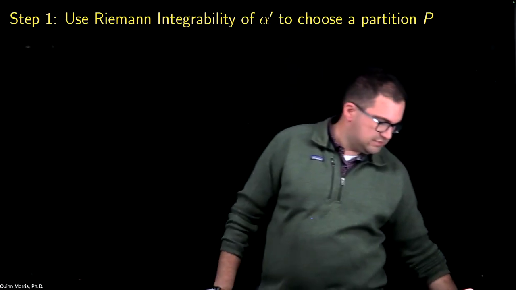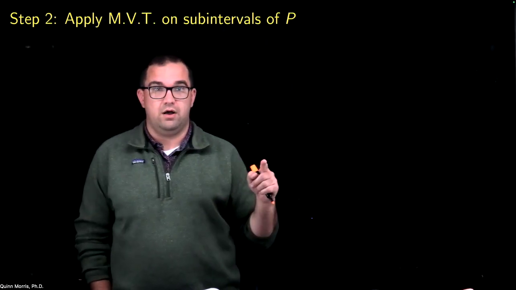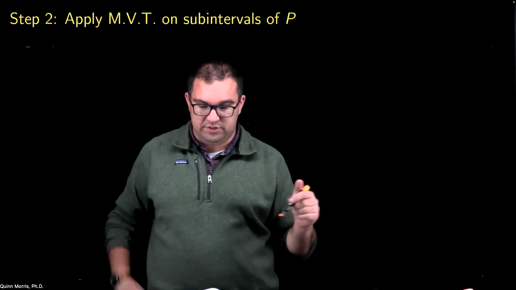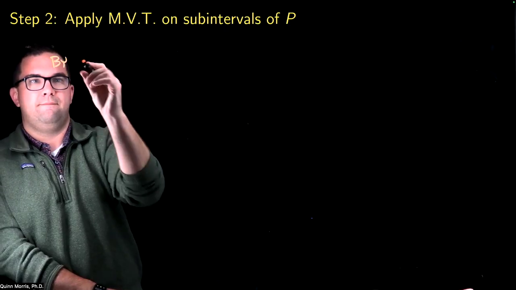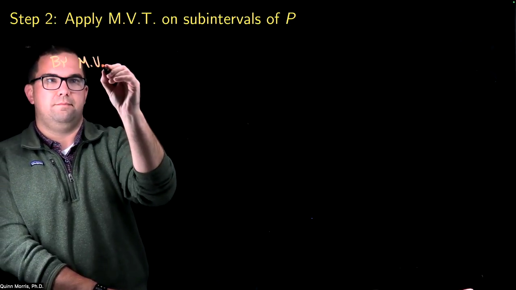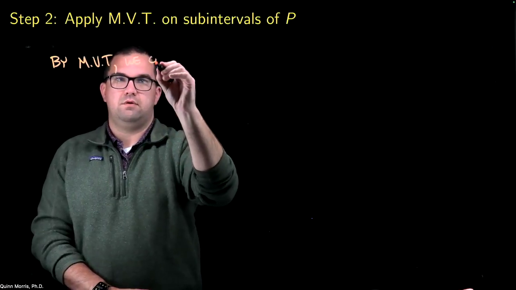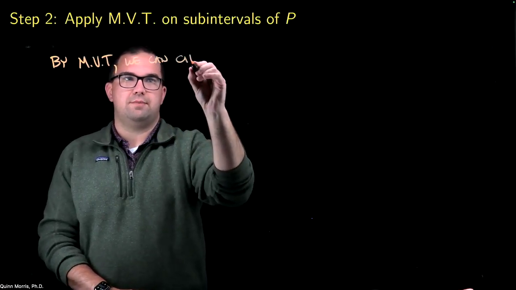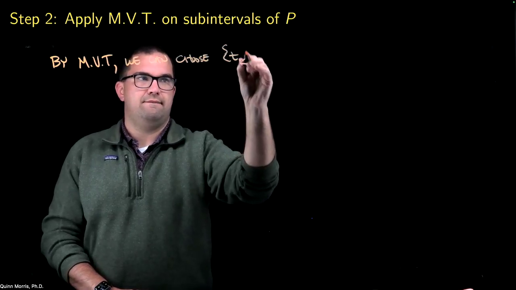Okay, so in the next step, we want to apply the mean value theorem to alpha on subintervals of the partition. So now what I want to do is I want to say, well, by the mean value theorem, we can choose some points that I'm going to call t_k.